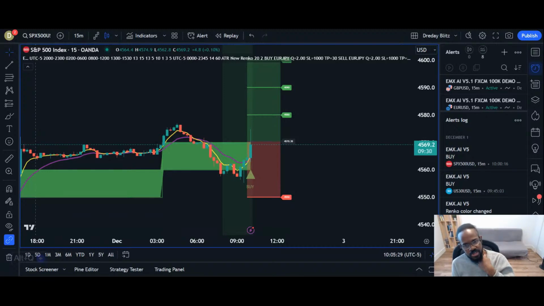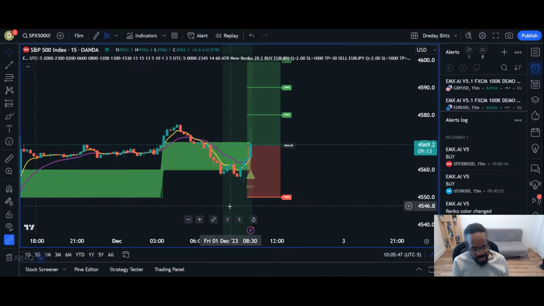So we have the Dow Jones and the S&P. So we have trades on those two, and nothing on the others so far.